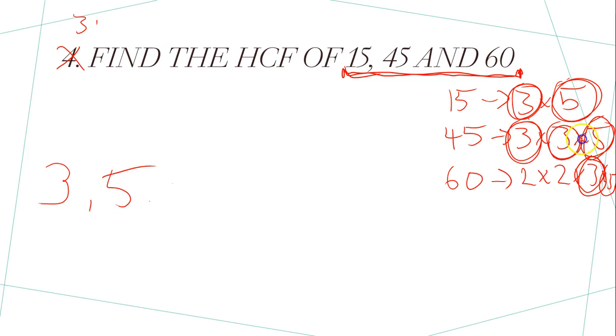Now there's an extra 3 here, but there's no 3 here, and there's no 3 here. So this 3 gets cancelled. Again, 2's, we cannot see any 2's anywhere else. So these 2 are also cancelled. So we only have 3, 5. Both are numbers. Well, what's 3 times 5? Very easy. 15.